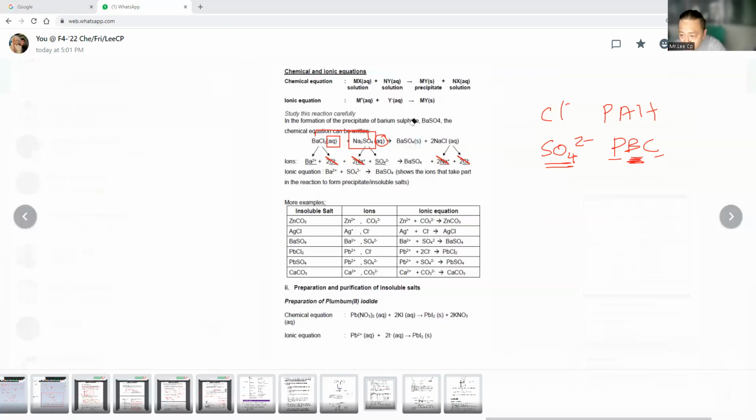When it is not soluble, we write solid here because it will form a precipitate.